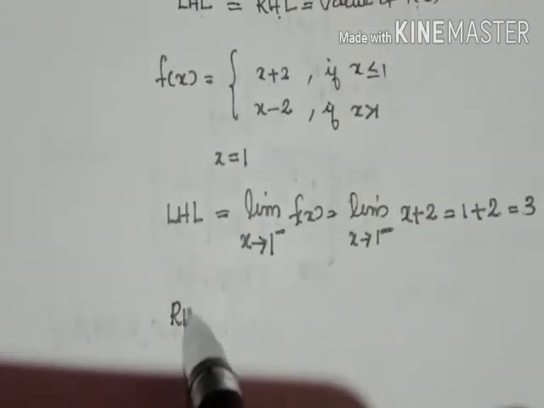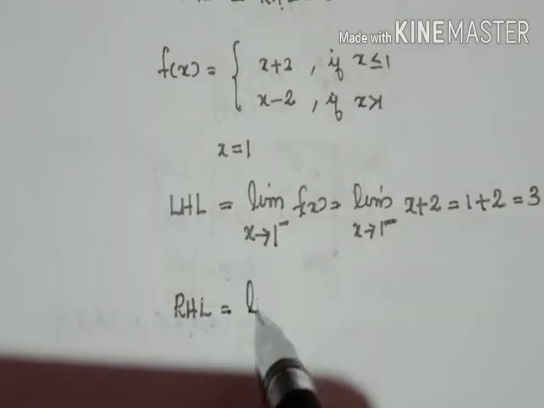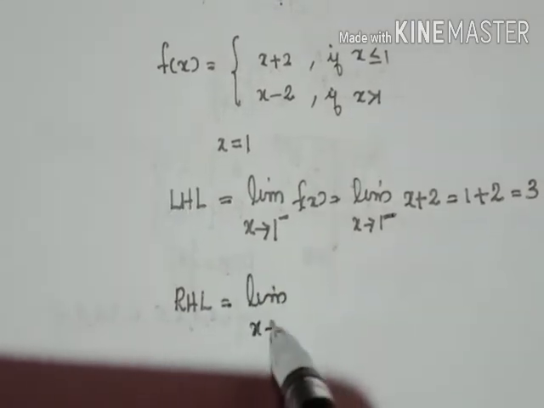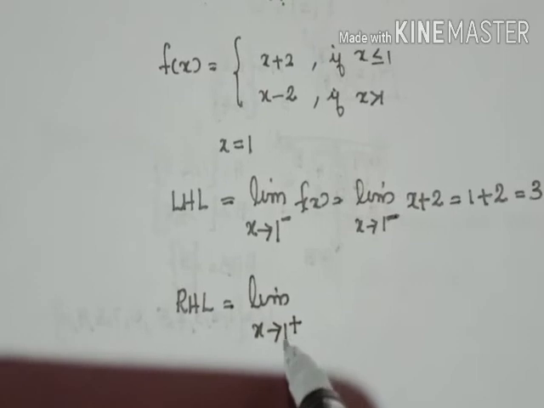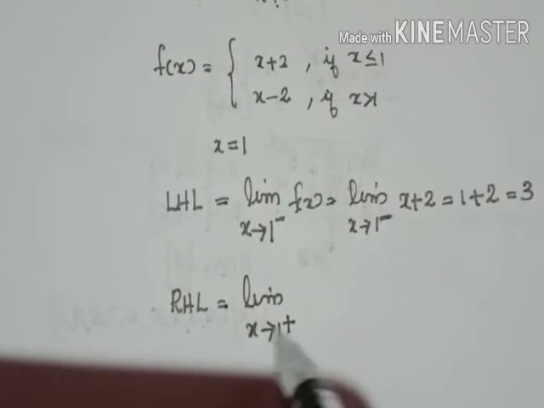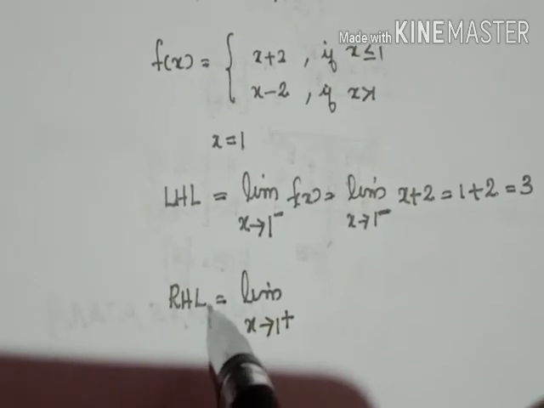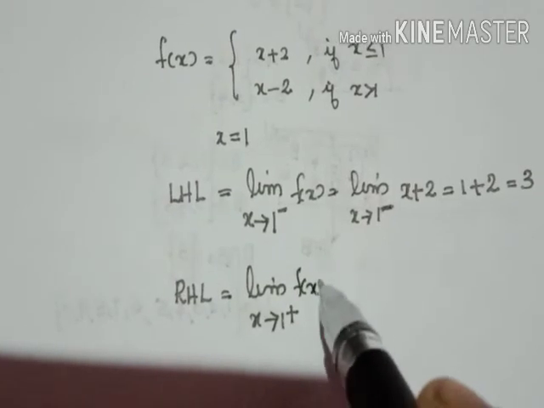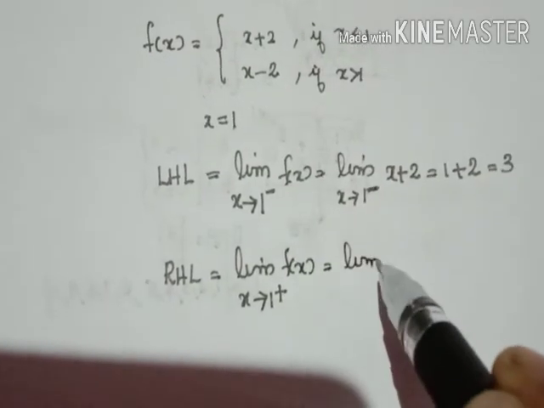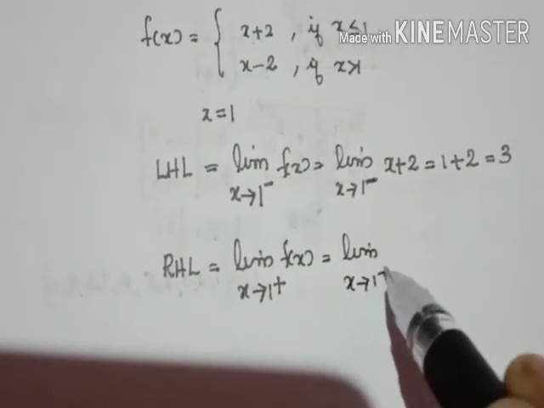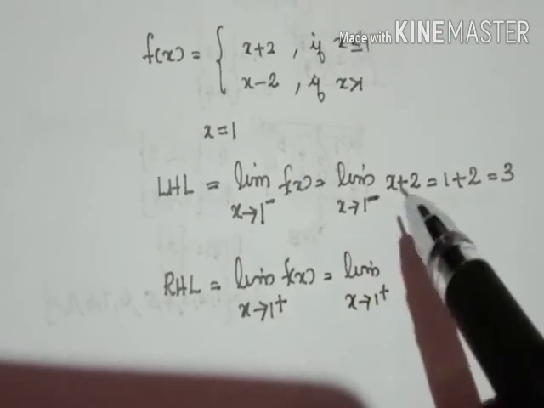Now what is right hand limit? That is limit x tends to 1 plus. So 1 plus represents right hand limit of the function f of x. Now again replace f of x. 1 plus means more than 1.